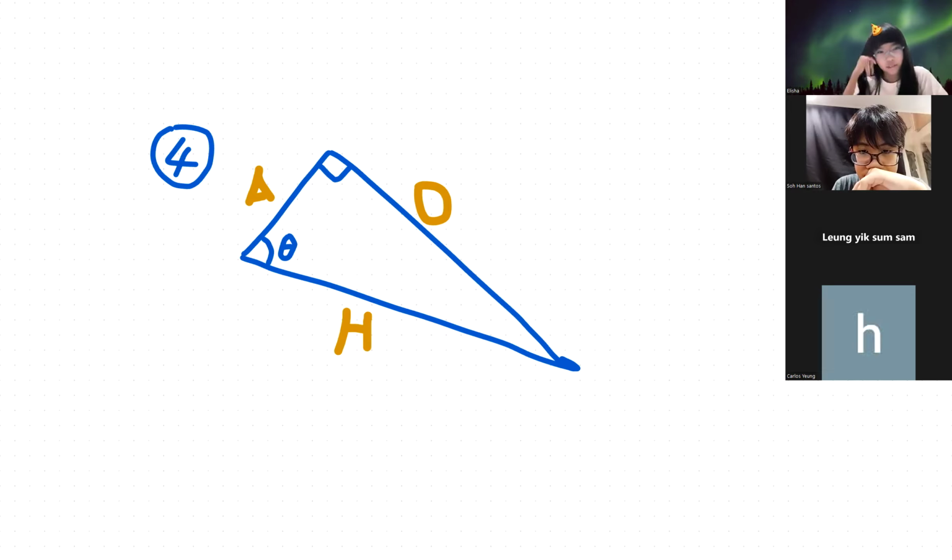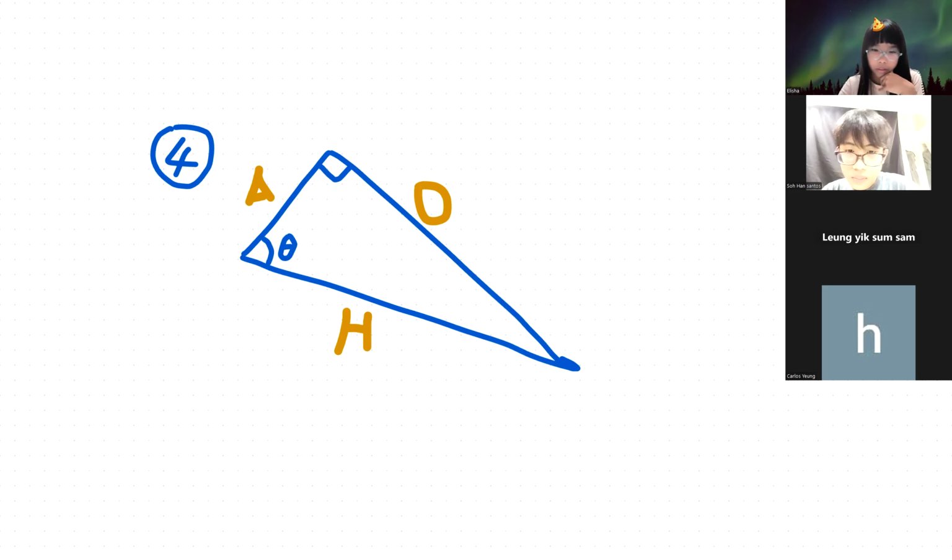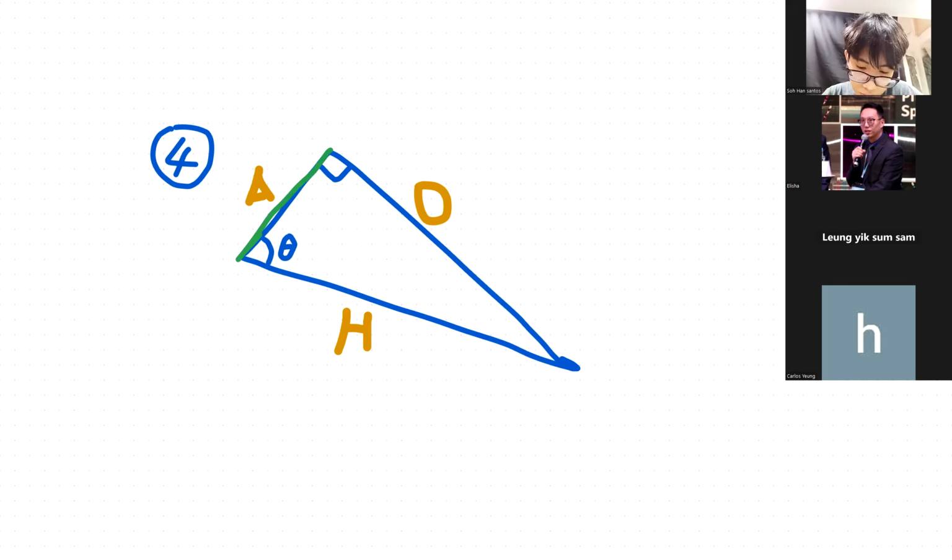I will suggest you to write down. Santos, write down. When you see the right angle and the theta, you will say A. So A is when you see the right angle, 90 degrees. This is so hard to write.